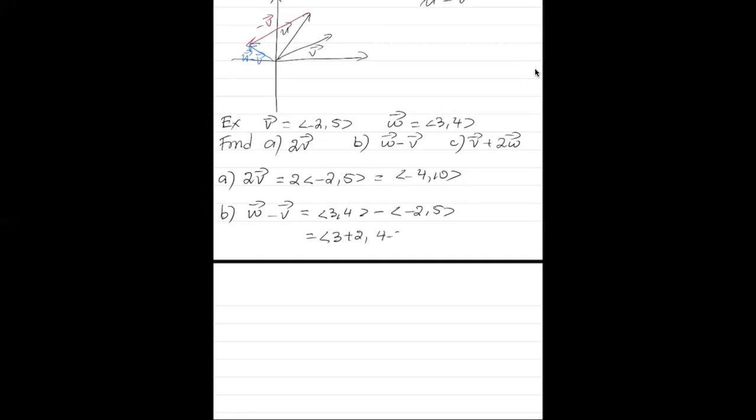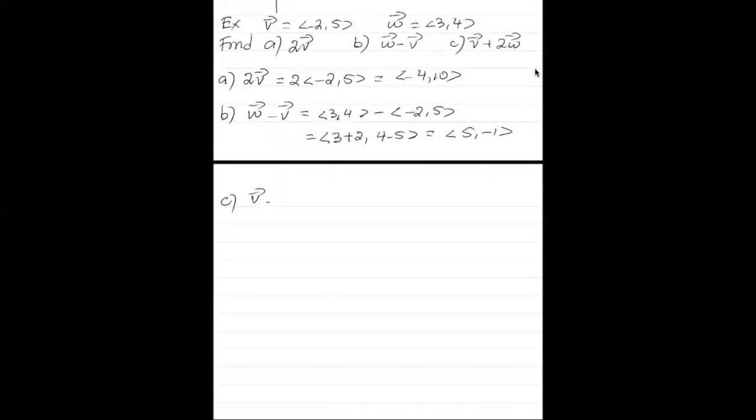So that is 5, negative 1. And finally, part C, we need to find v plus 2w, writing each vector in component form. So v is negative 2, 5, plus 2 times 3, 4. And when you simplify, you should get 4, 13 for the resulting vector.